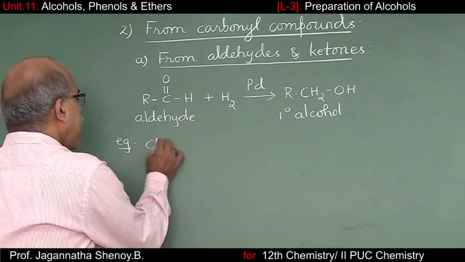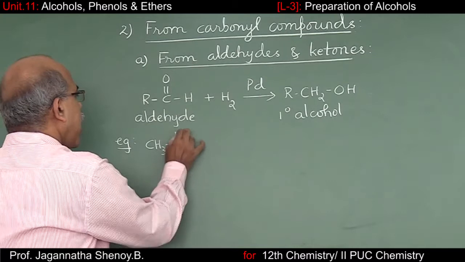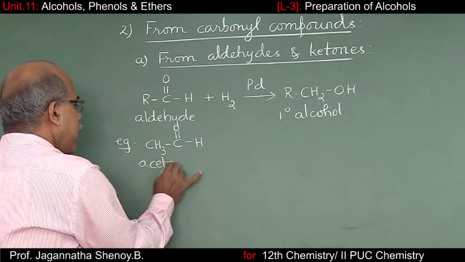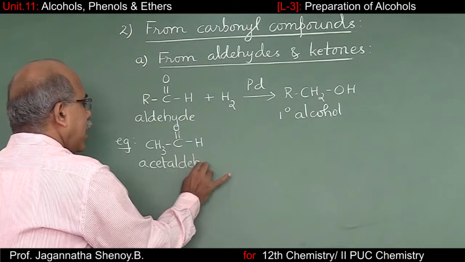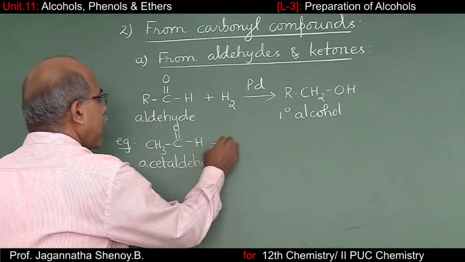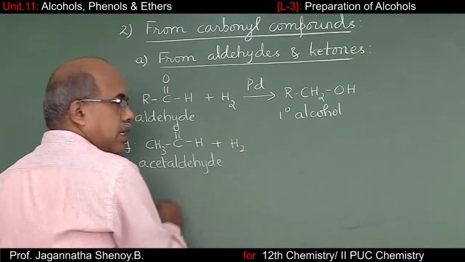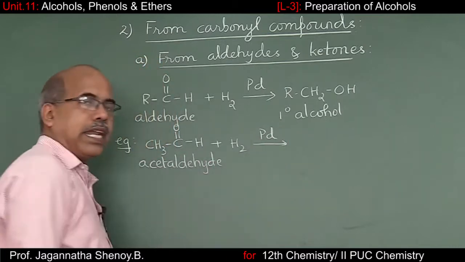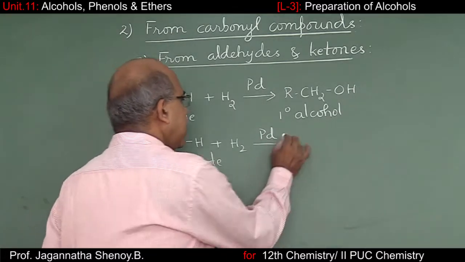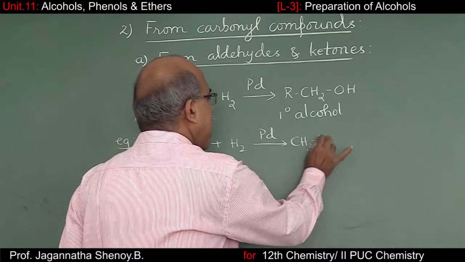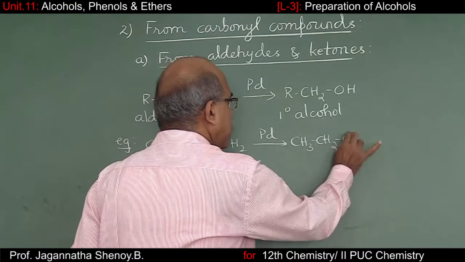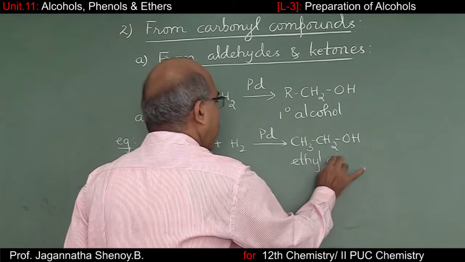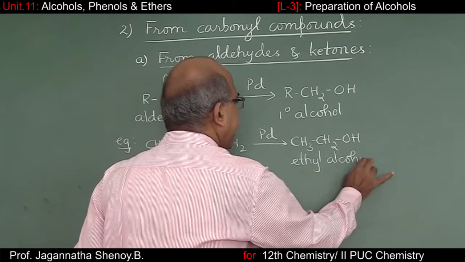I'll start from acetaldehyde, CH3CHO. I'll subject it to reduction under the same conditions using hydrogen and palladium. What should be the product? The product has to be CH3CH2OH. It is nothing but ethyl alcohol or ethanol.